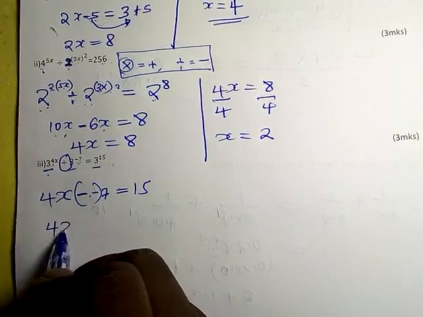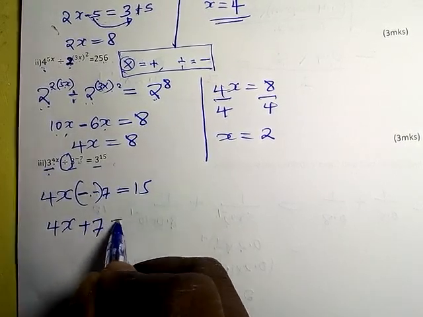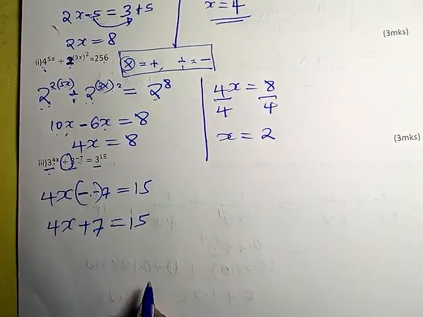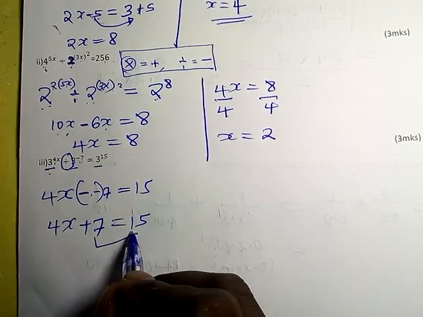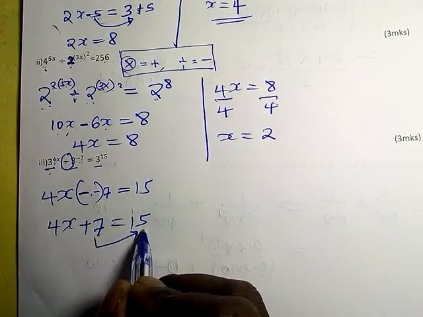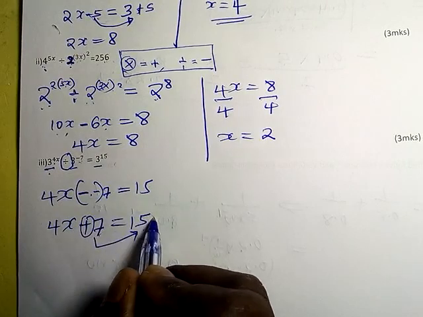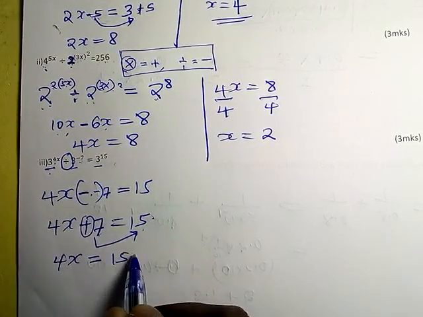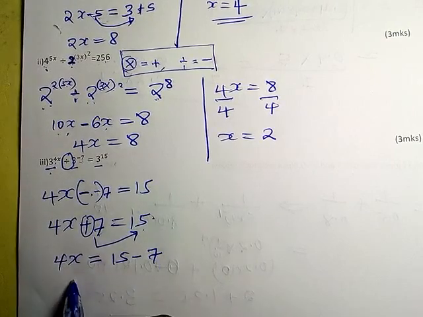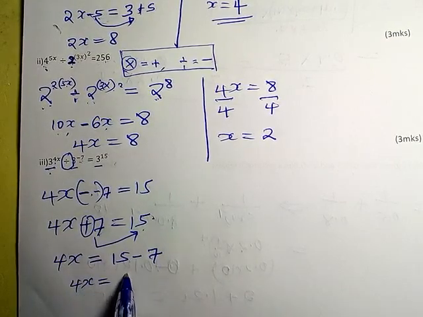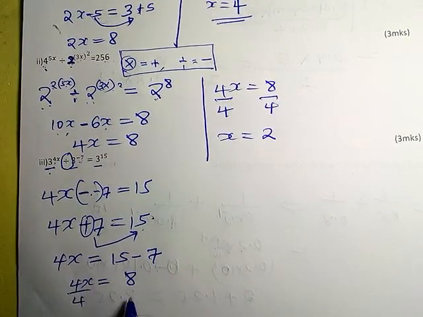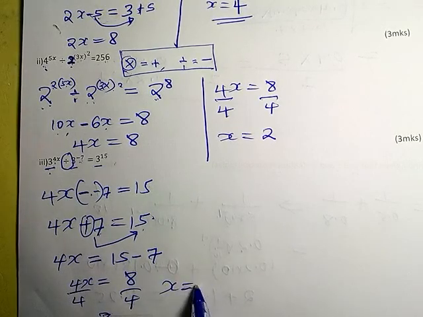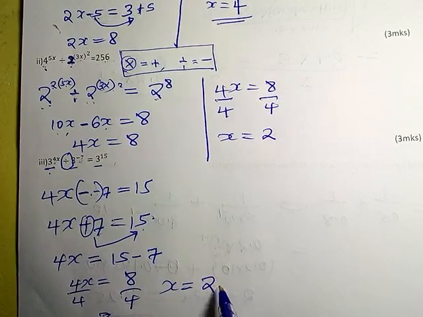So it is 4x plus 7 equal to 15. Then you take like terms together. 7 will cross this sign, and it is positive here, it will become negative. So 4x equal to 15 minus 7. So 4x equal to 8. Divided by 4, the value of x equal to 2.